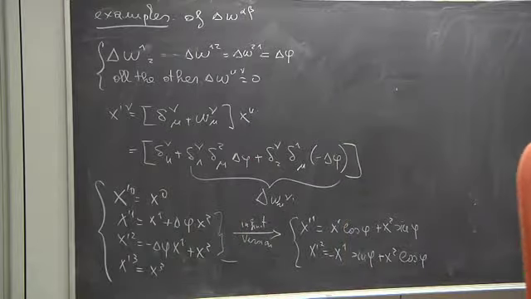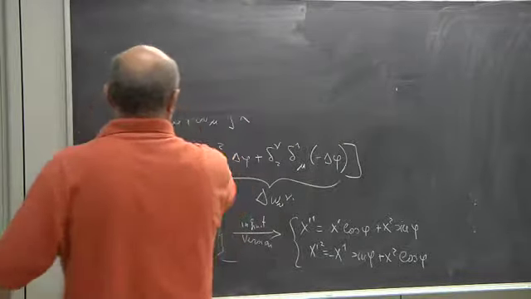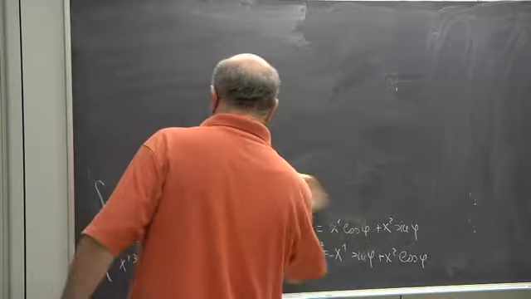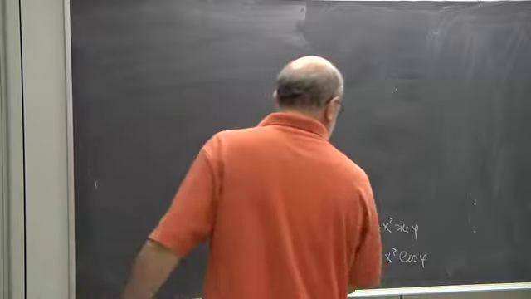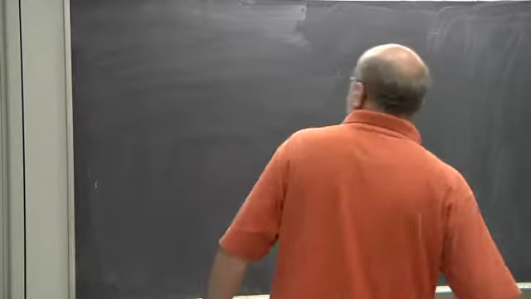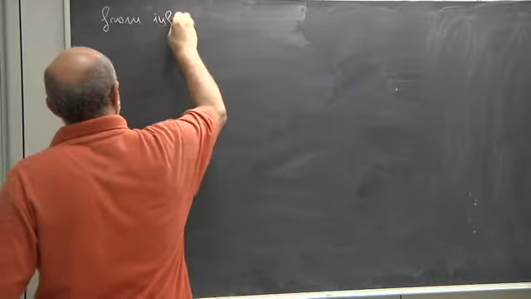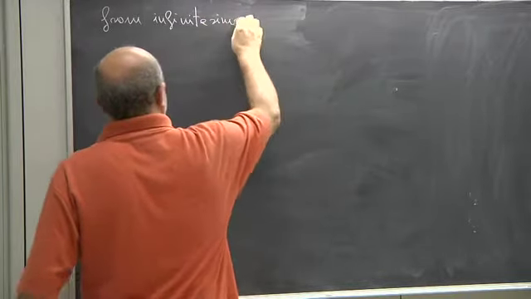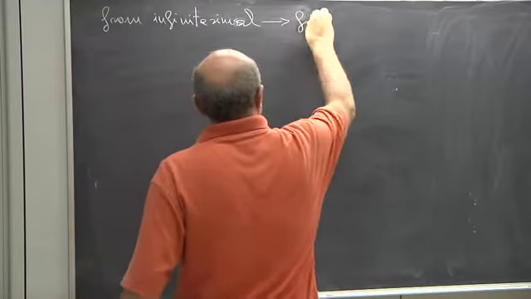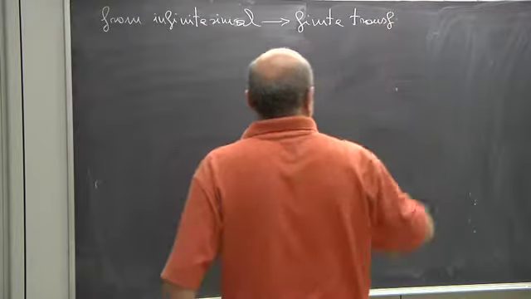That means we have to combine many infinitesimal one and get a finite transformation. So from infinitesimal to finite transformation.